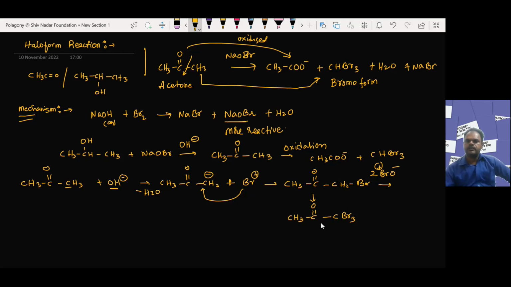Since CBr3 is the best leaving group, when this compound is treated with the nucleophile, the nucleophile attacks this electrophilic carbon, the pi bond moves onto the oxygen, and CBr3 leaves at the same time. Then CH3COOH carboxylic acid is formed, plus CBr3 minus.